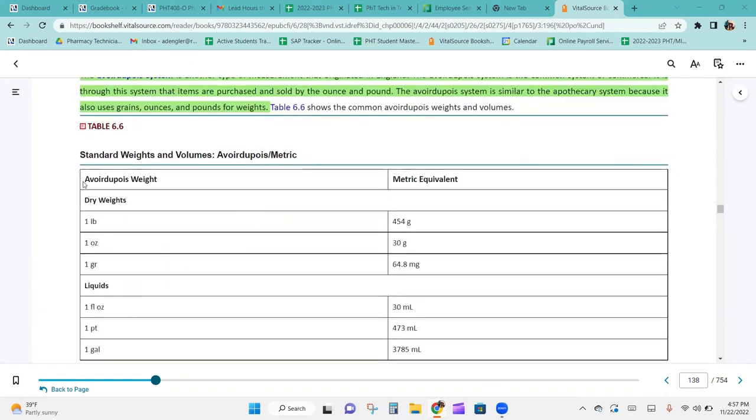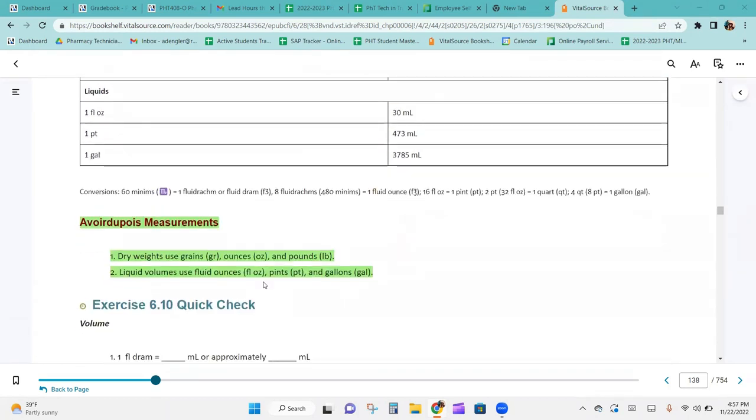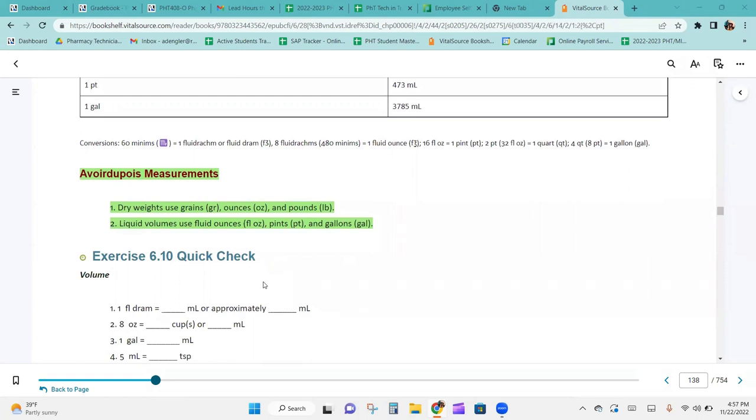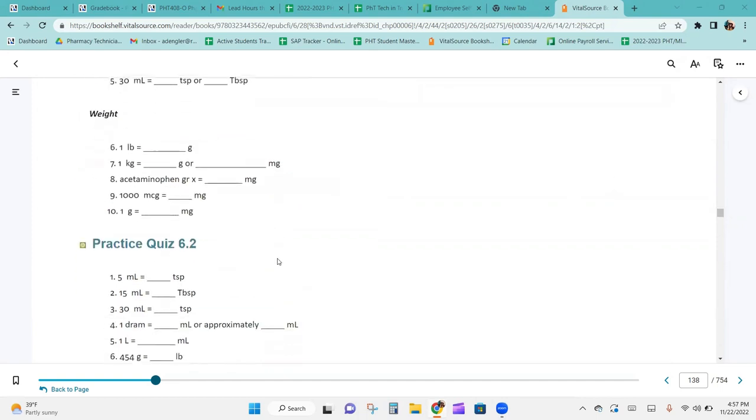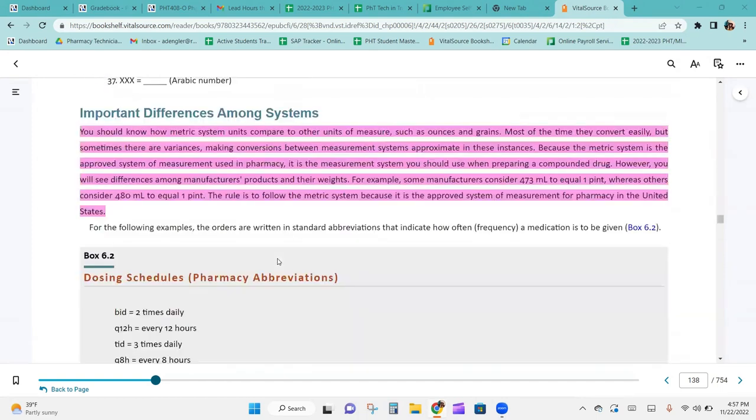So we have the Avoirdupois weight, the dry weights and liquids, and metric equivalents. Dry weights use grains, ounces, and pounds. Liquid volumes are fluid ounces, pints, and gallons. And we will go over some examples.